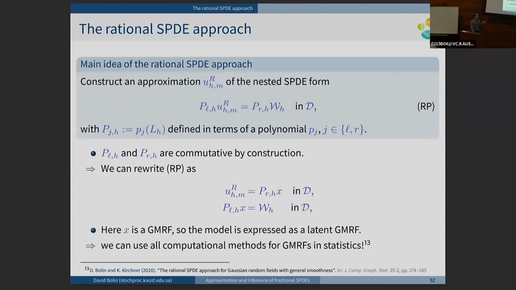So because of that, you can basically use all computational methods that we have for Gaussian-Markov fields in statistics. So if you can find these two polynomials, then you could use this method for basically statistical inference in the same way as you would for the non-fractional case. So the question then is, well, how do you find these polynomials? How can you make sure that this is a good approximation?